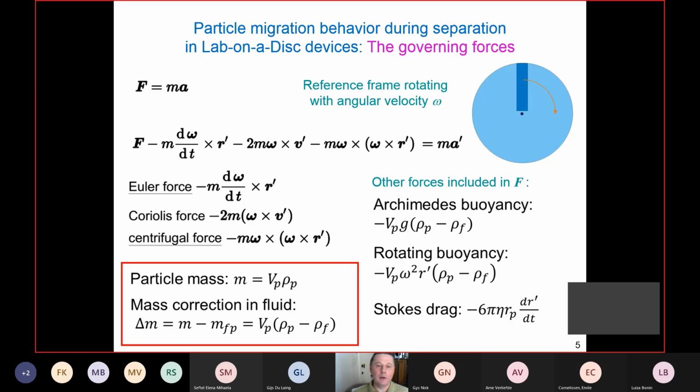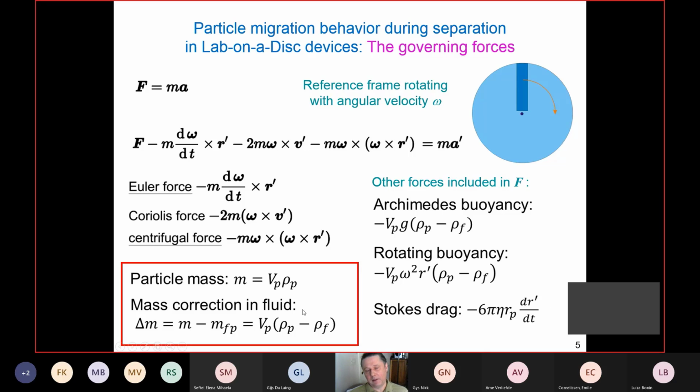They distinguish the Euler force, due to acceleration in the azimuthal direction, the Coriolis force, which is proportional to the velocity and normal to the velocity, and the centrifugal force, which is proportional to the radius. In addition, we have buoyancy, related to the particle being inserted in the fluid, the Archimedean force in the rotating frame, and we also consider Stokes drag, because when particles move through the fluid, they experience drag.